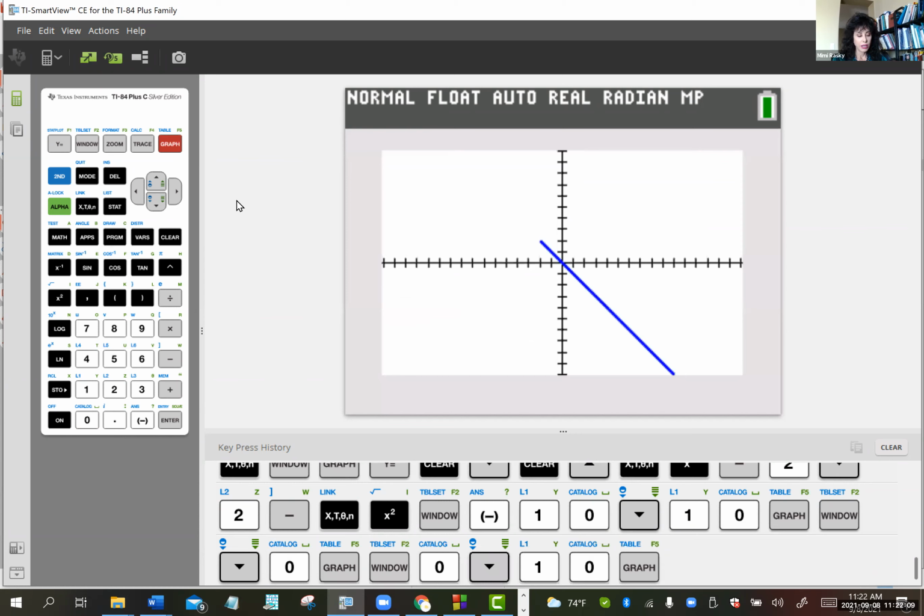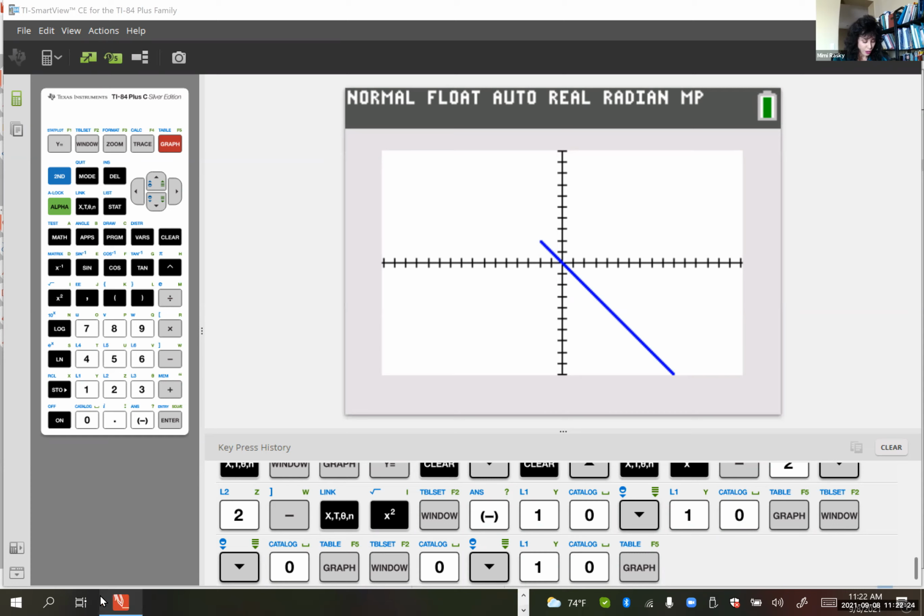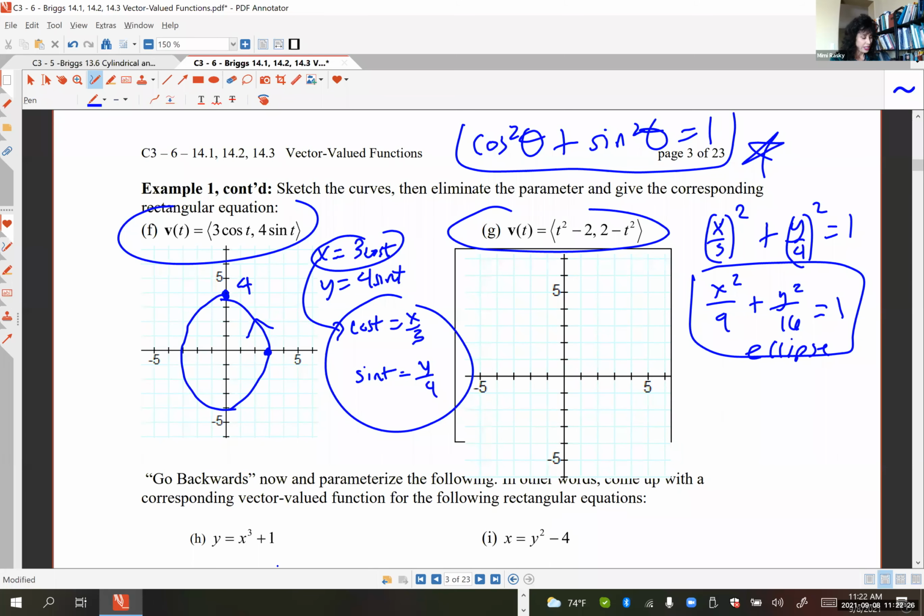Ooh, it went the other way. So it's going to go both. Exactly right. Can you do that? It's going to go both. So this is rare, to have a curve that's got the orientation both ways.